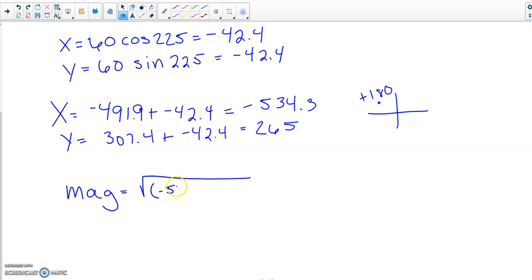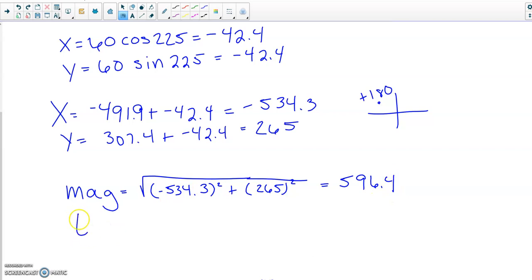Negative 534.3 squared plus 265 squared, and I get 596.4.